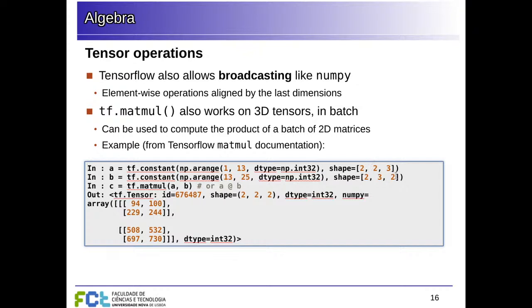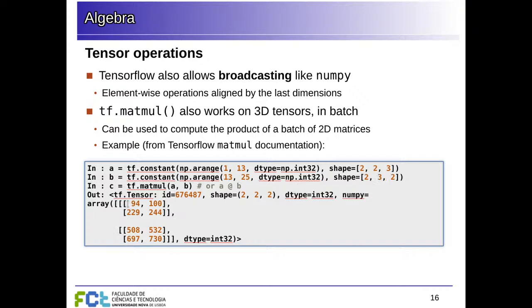For example, in this case, we have an array that has two matrices of 2 rows by 3 columns. And this other array B, this tensor B, has two matrices that have 3 rows by 2 columns. Since we can multiply a matrix of 2 rows by 3 columns with a matrix of 3 rows by 2 columns, we can use matmul to broadcast these matrix multiplications over the whole set of matrices, that is, over all these tensors.